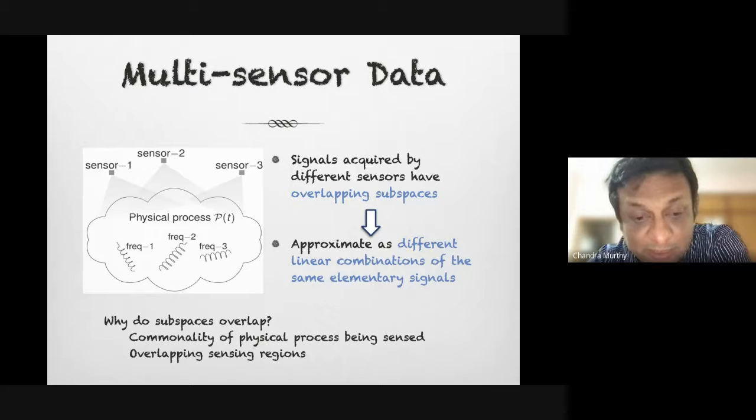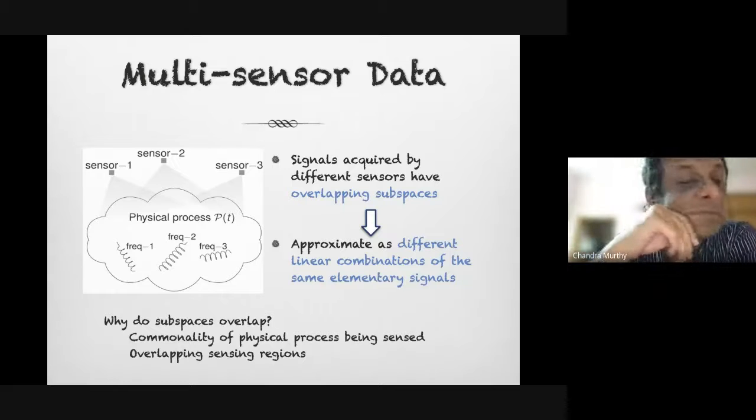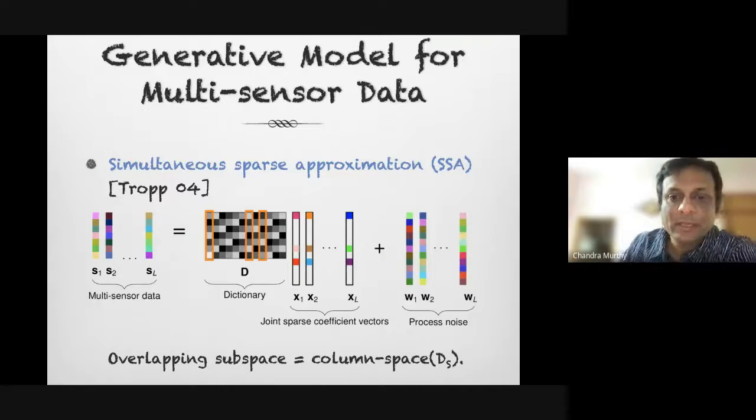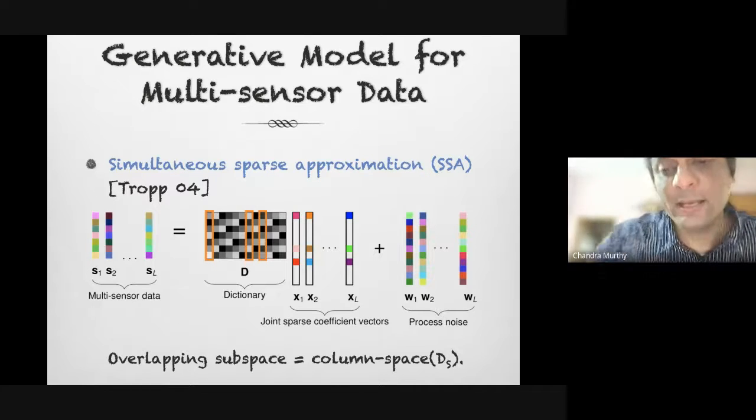So these subspaces across different sensors overlap because of the commonality of the physical process being sensed in the overlapping sensing regions. So in order to recover this set of sparse vectors from the set of observations or sensor data, here is a generative model: the set of observations S1 through SL is equal to a dictionary D times the vectors X1, X2 up to XL, plus noise.